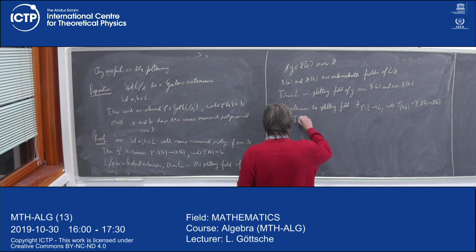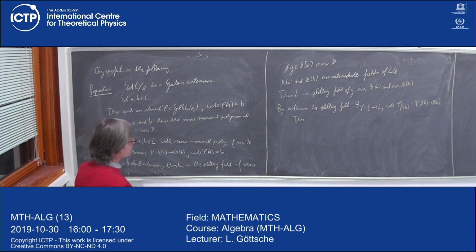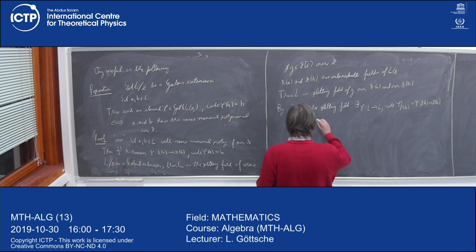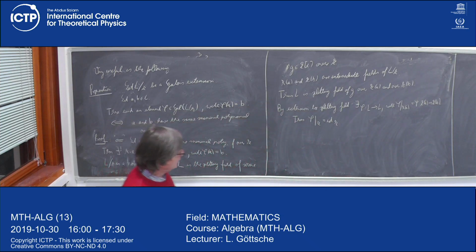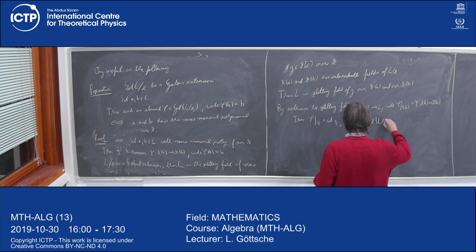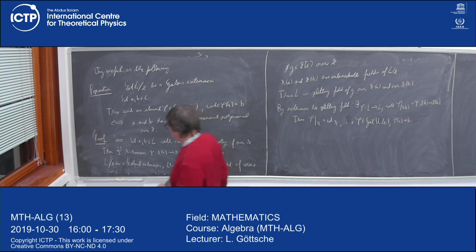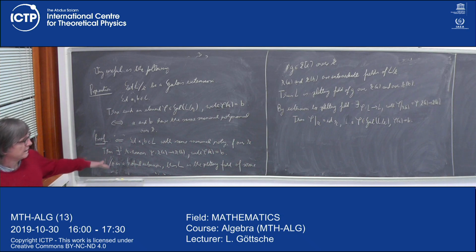And thus phi restricted to K is obviously the identity on K, because psi was already a K-isomorphism. So phi is an element in the Galois group of L over K, and phi of A is equal to B. Okay, so this is one direction: if they have the same minimal polynomial, then one can send one to the other.